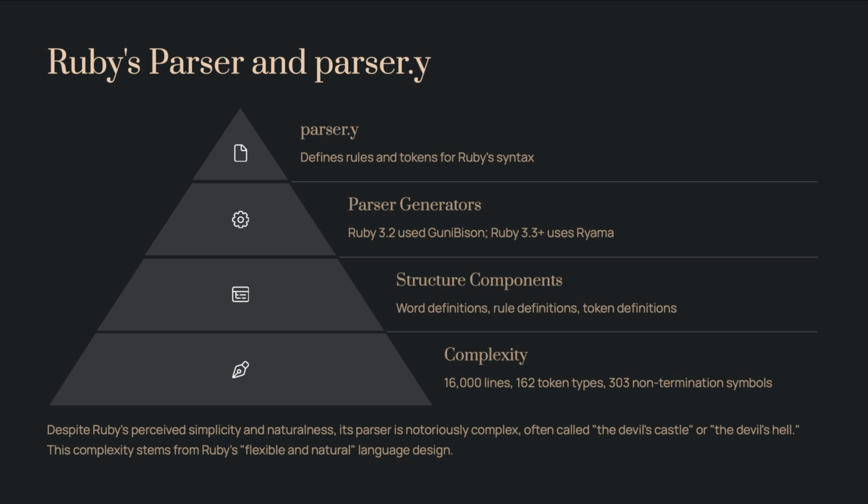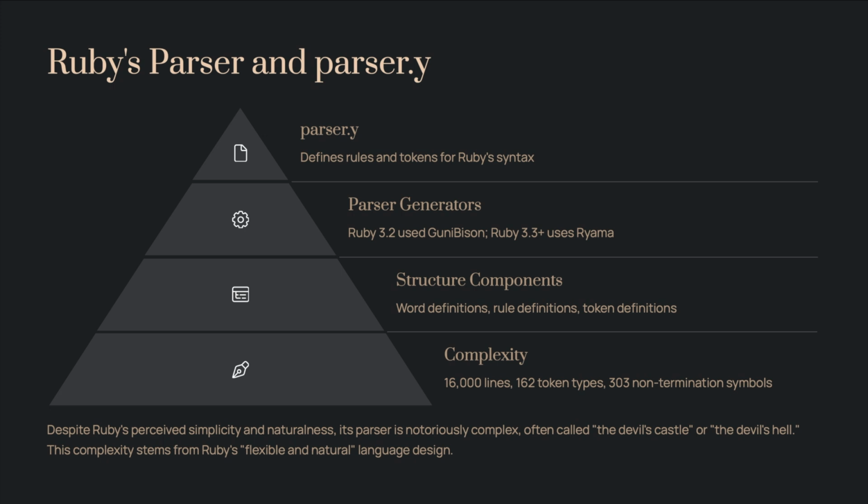He even briefly compared it to PHP and Perl symbol counts. And Ruby's in a similar ballpark there, so it's not the number of pieces, it's the sheer number and complexity of the rules combining them that makes it the Devil's Castle. That 16,000 lines figure is something. He even challenged the audience to check the master branch themselves to verify it. He did. Shows he's confident in that number.